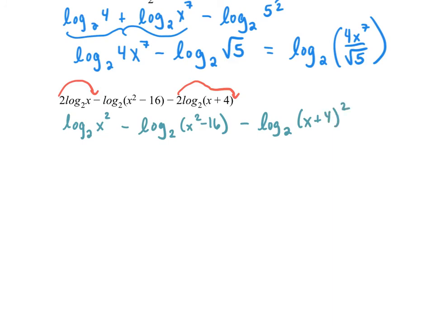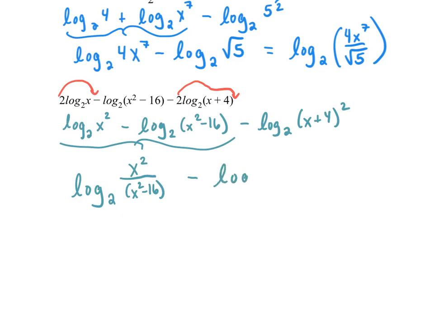Now I can start with any of them that I want, but I'll just start with the first 2 to put together. They are subtracted, so when you subtract, you will write it as division. So this would be log base 2 of x squared over x squared minus 16 minus log base 2 of x plus 4 squared.